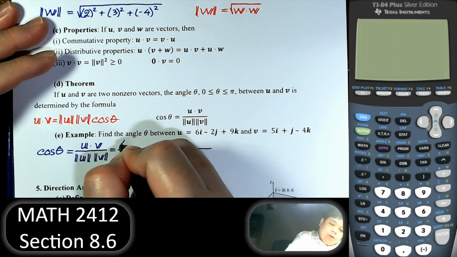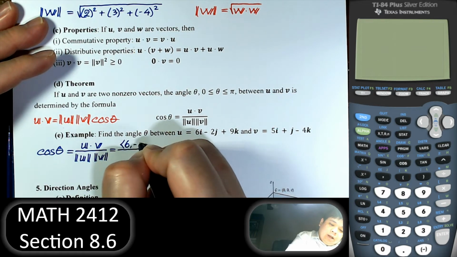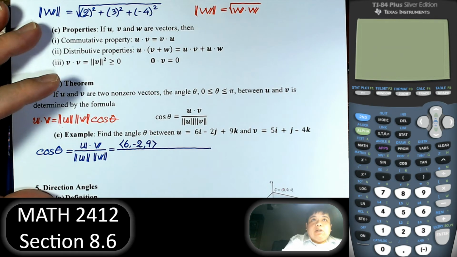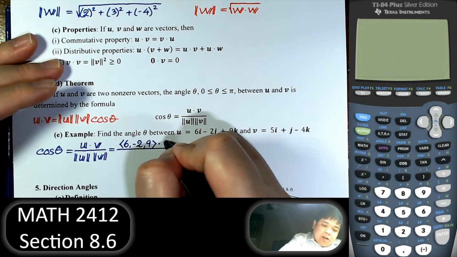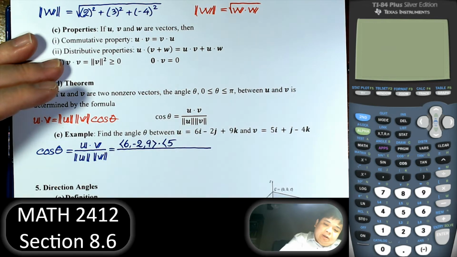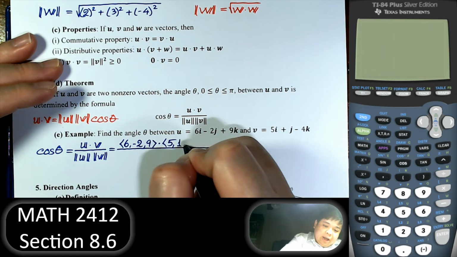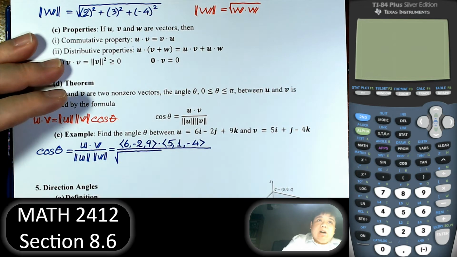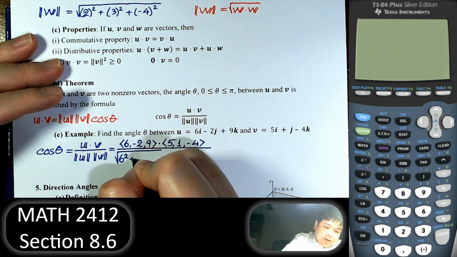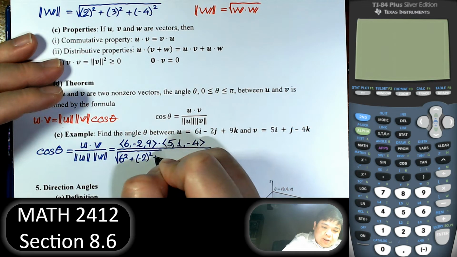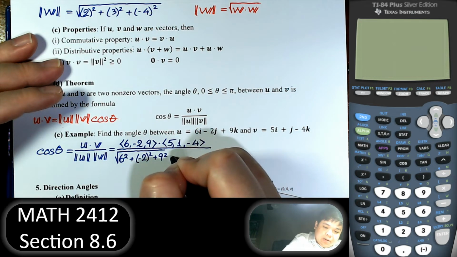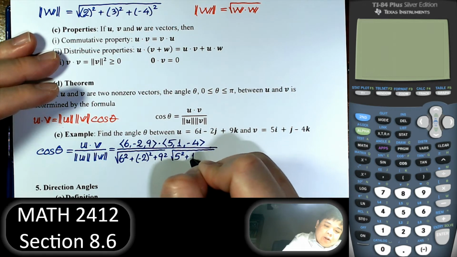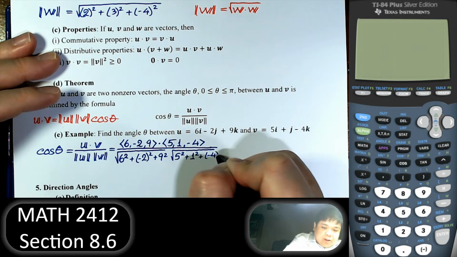So u is 6, -2, and 9, and vector v is 5, 1, and -4, over the product of the magnitudes. The magnitude will be the square root of 6 squared, -2 squared, and 9 squared, times the square root of 5 squared, 1 squared, and -4 squared.